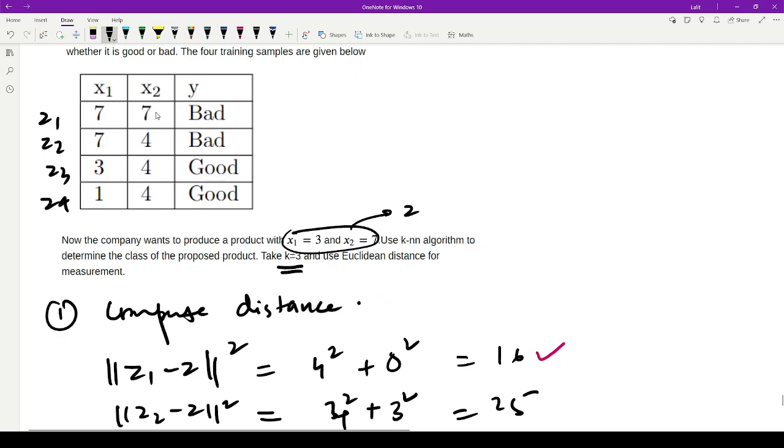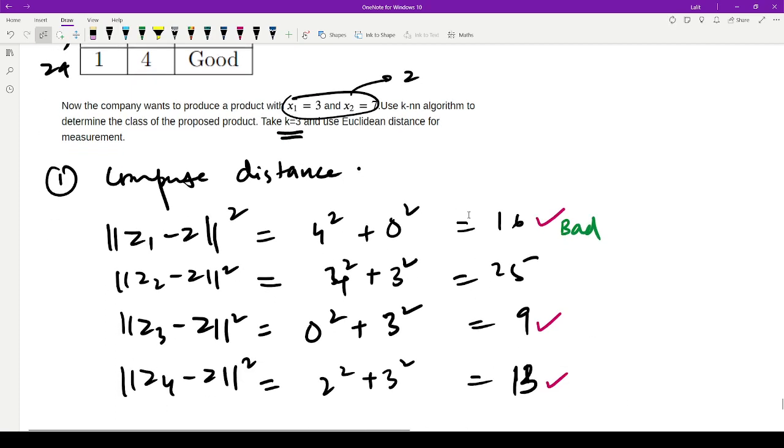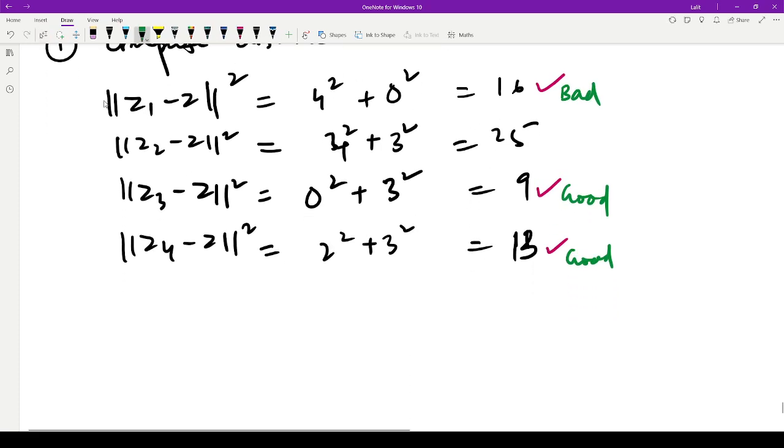For 16, we know that the point is bad. Second one is not required. The third and fourth are good points. Once we have these, we take the majority vote. The majority vote gives us a good point.